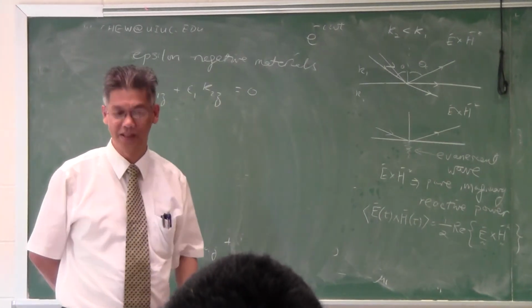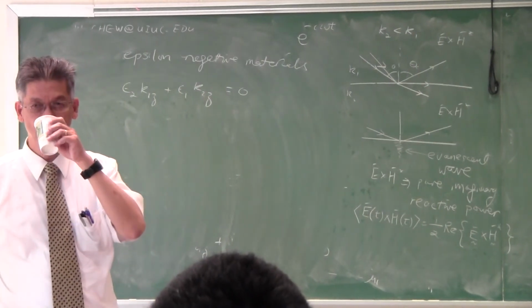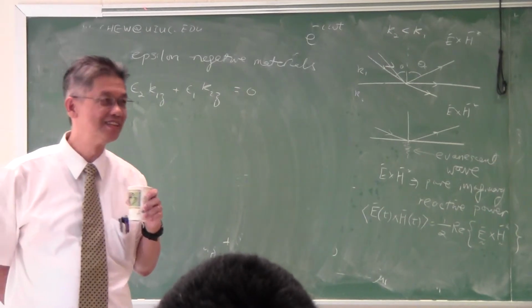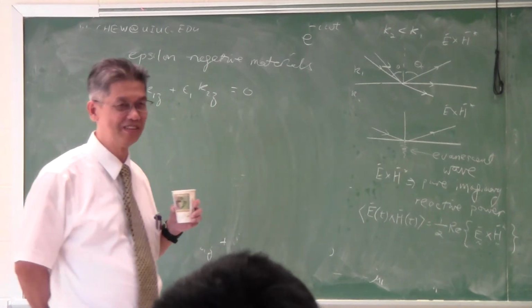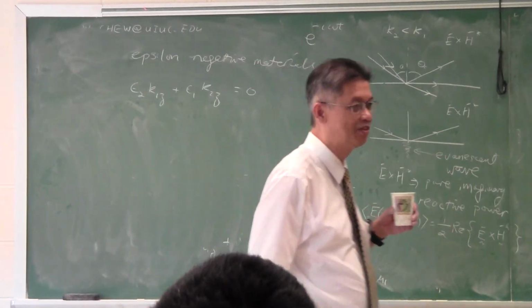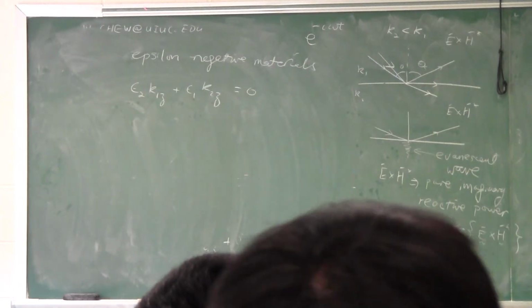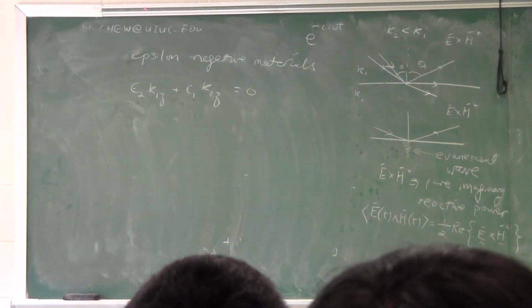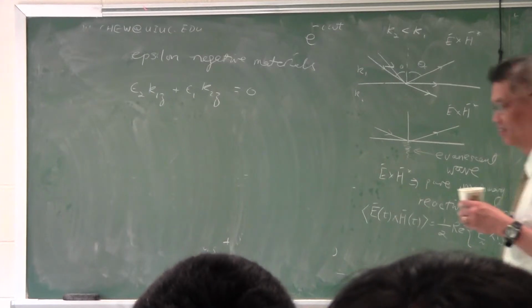And where can you find epsilon negative material? Plasma. Metamaterial, you have to make it. Metamaterial is one that people try to make artificially. How do you find naturally occurring epsilon negative material? Metals.